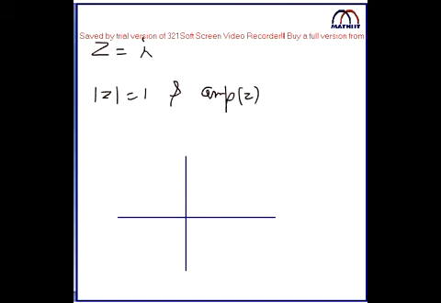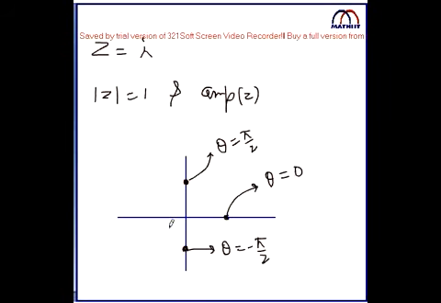If any complex number lies on this axis, be clear, in that case theta will be pi by 2. If any complex number lies on this axis, you have to decide whether it's lying on the positive y-axis or negative y-axis. And if anything is lying on this axis, you have to say theta equal to 0.